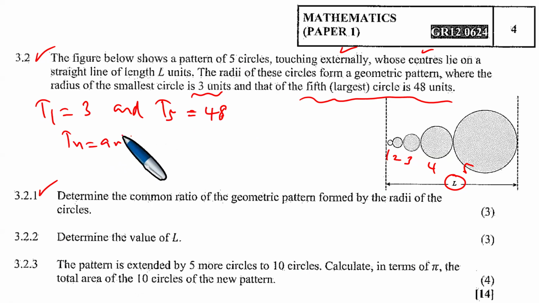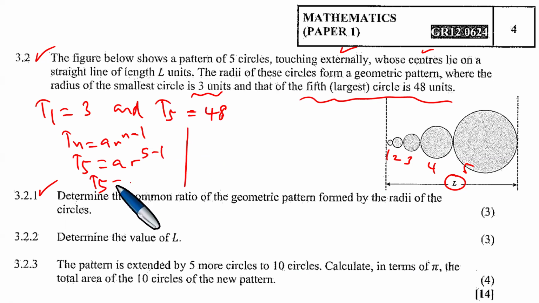Tn is AR to the n minus 1, so we can make the following observation. With T5, which is 5 minus 1, we have AR to the fourth power. So T5 would be 48.